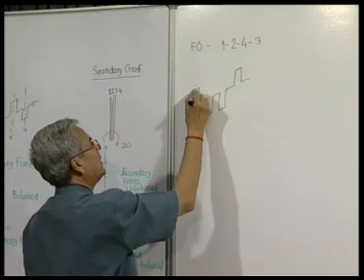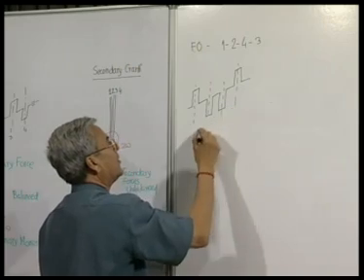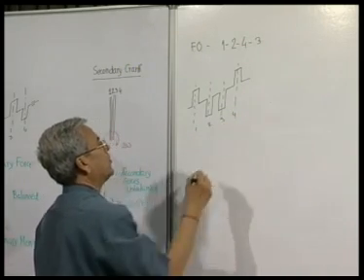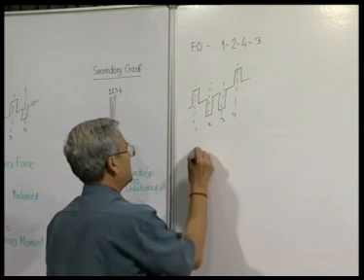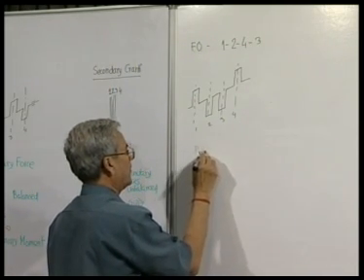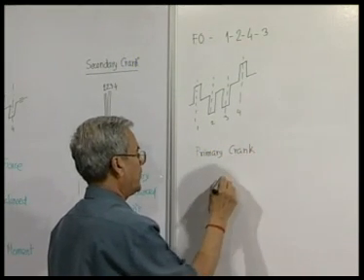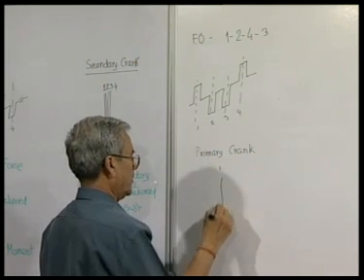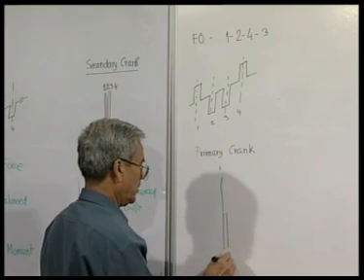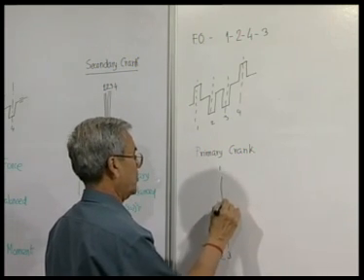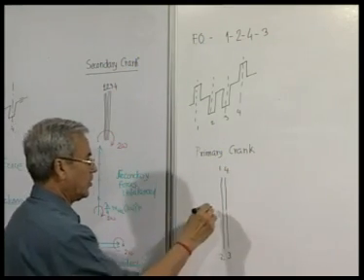So, this will be the isometric view of the common crankshaft 1, 2, 3, 4, and crank diagram will be what? Primary crank, 1, 2, 3 and 4, and the whole thing is rotating.